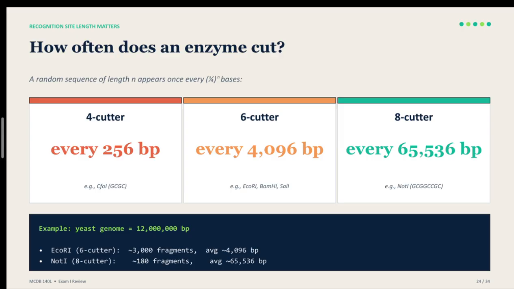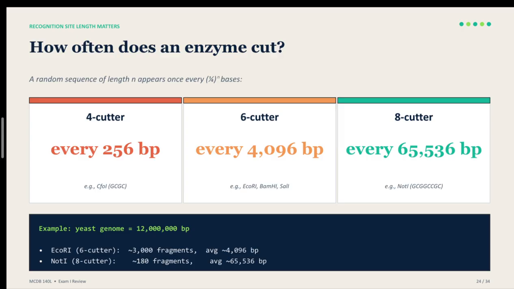A 6-cutter means that if you're trying to randomly find a sequence of 6, the odds are 1 over 4,096 base pairs, right? If you use a 4 base pair site, the probability of a match is 1 over 256, which is actually pretty high, which is why we want to use either 6-cutters or 8-cutters, because we have a much better likelihood of getting specificity.